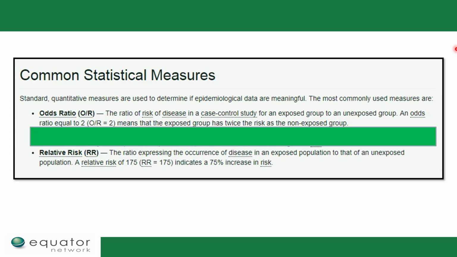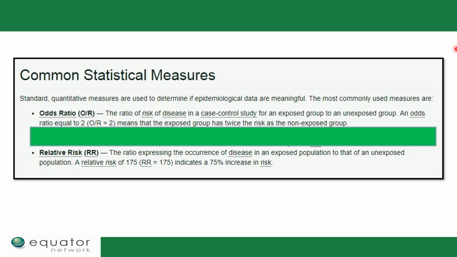So what's the meaning of odds ratio equal to 2? It means that the exposed group to the risk factor has twice the risk as the non-exposed group. This is again in the case control study.